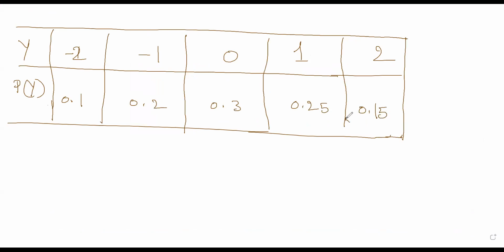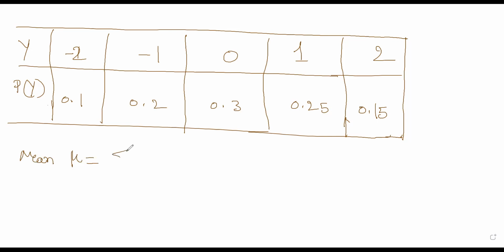First part is to check whether this distribution adds up to 1. So this will add up to 0.6, and this will add up to 0.4, that is fine. It is 1.